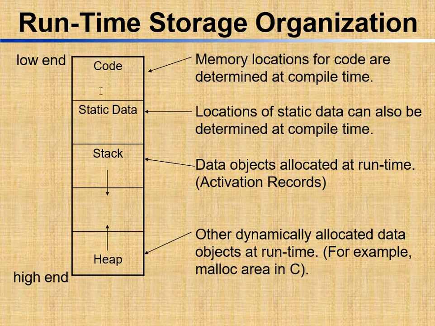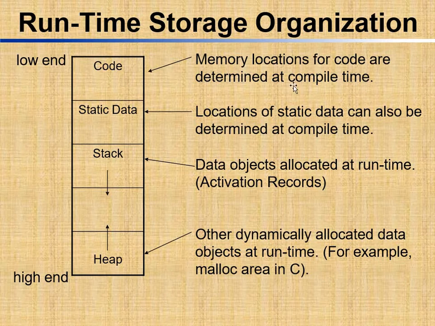You can see here how we are going to organize this. This one is code, then static data, stack, and heap. In this manner we do the management of runtime storage. Memory locations for code are determined at compile time.